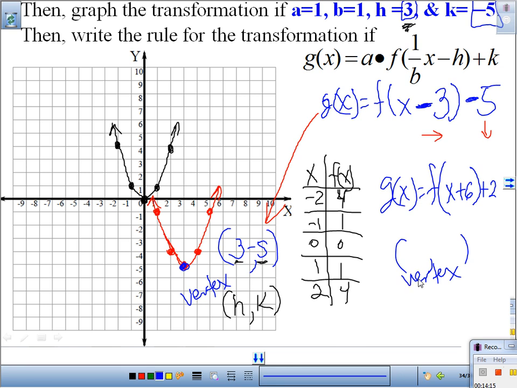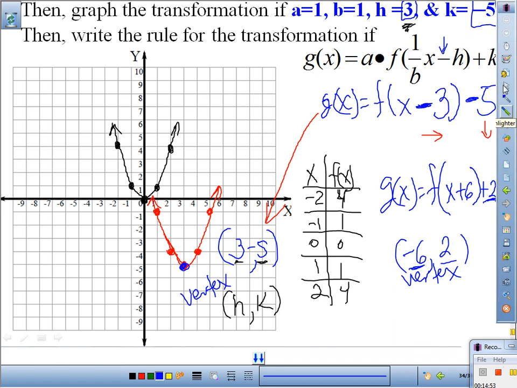Jasmine, what's our vertex? -6, 2. Hands if you agree with that. That is correct. People are like, why -6 if it's positive? Well, doesn't the rule already have a negative in there? So what do we need to substitute in order to make it a positive? A negative. So it became what? 6. So therefore it's a -6. And the last part, the constant, is our K. Okay? All right.